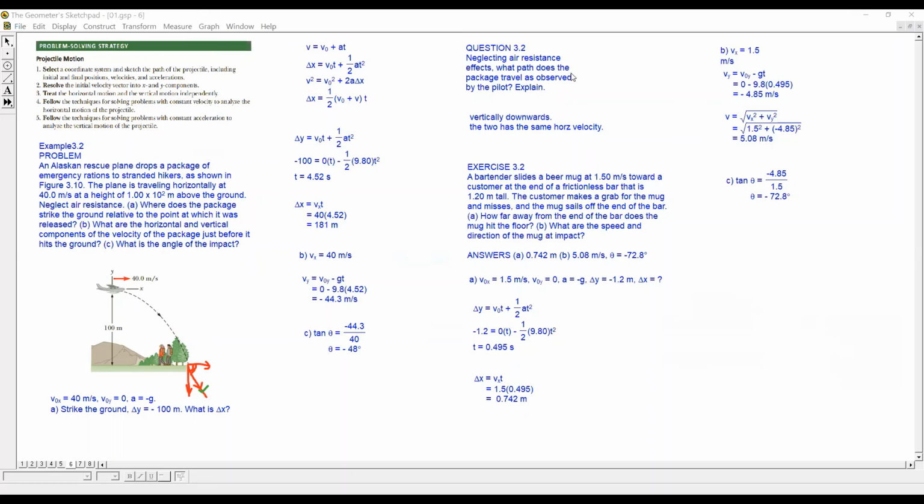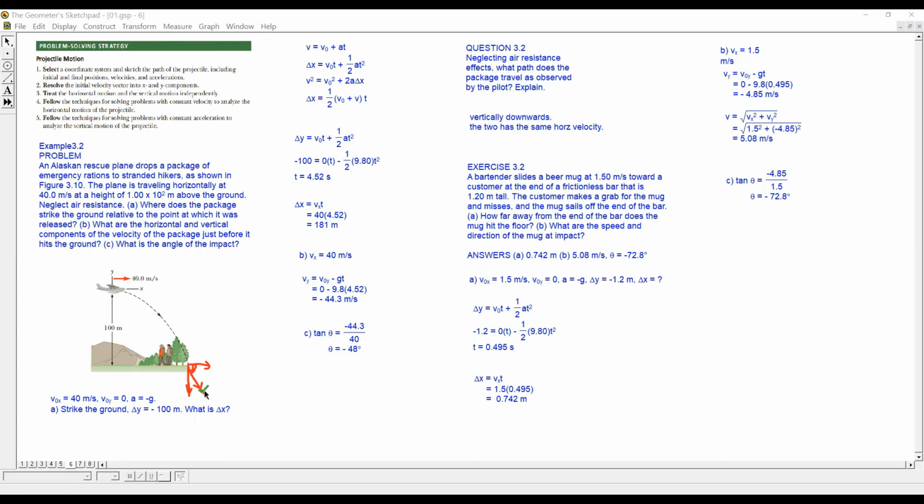So in order to find the angle, we use the vertical component divided by the horizontal component. That will be the tangent of the angle of impact. The package is actually traveling like this, not in the form of components.